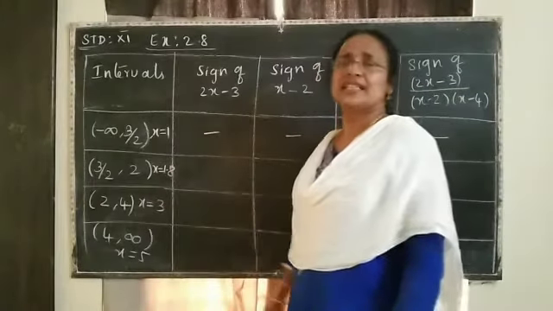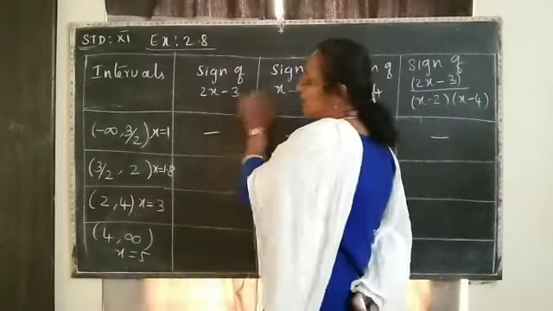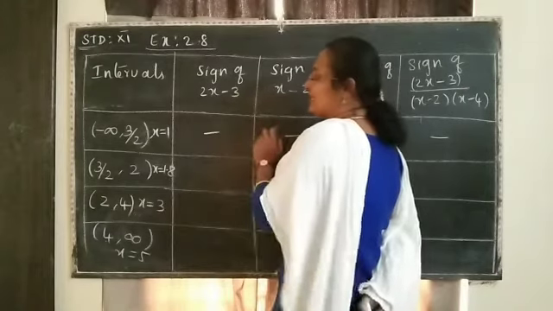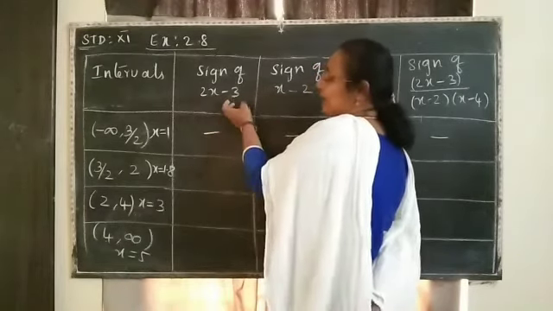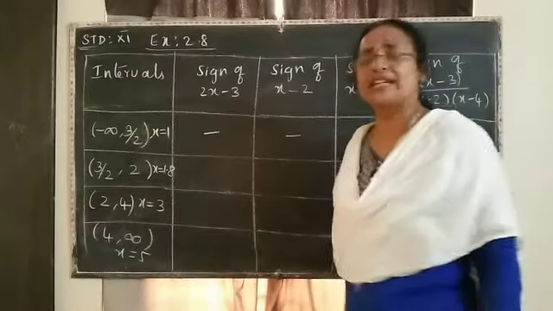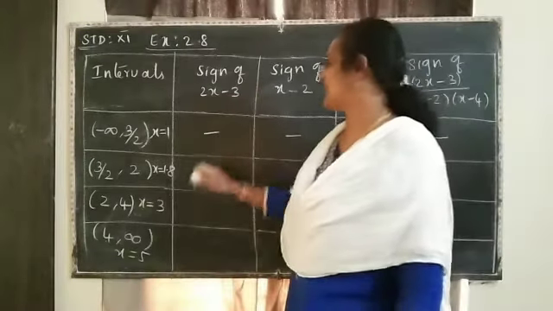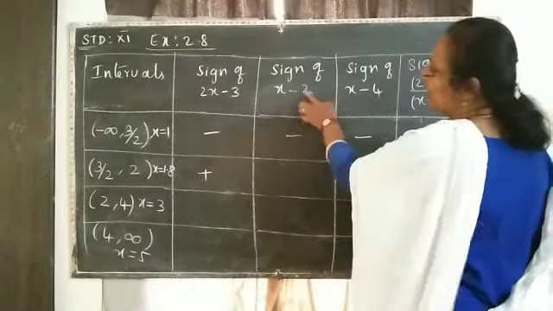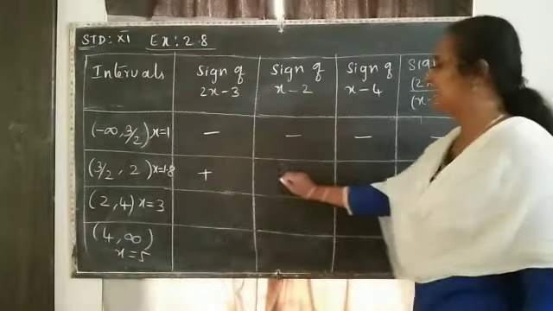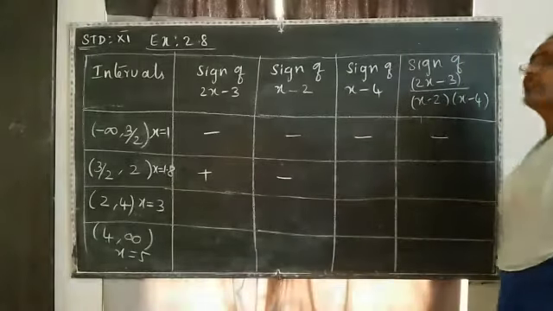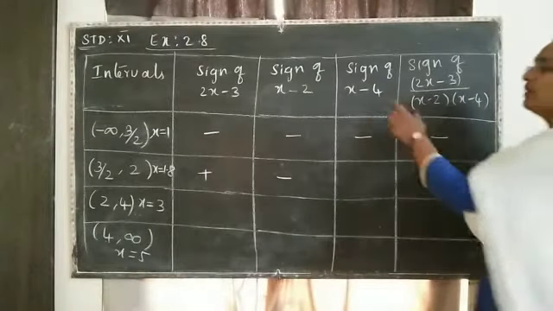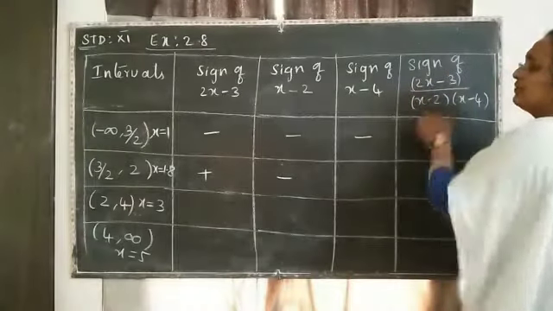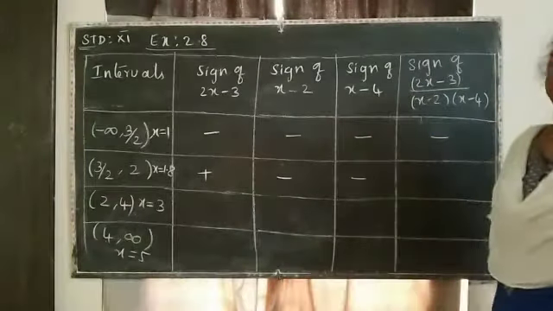Now look into this. 1.8, isn't it? Now 2 into 1.8 approximately, what will be the answer? 3.6. So 3.6 minus 3 will give you 0.6, isn't it? So it is positive. Now look into this. 1.8 minus 2 will give you what? Negative, minus 0.2. Okay. Now look into this again. 1.8 minus 4, so you will get minus sign.